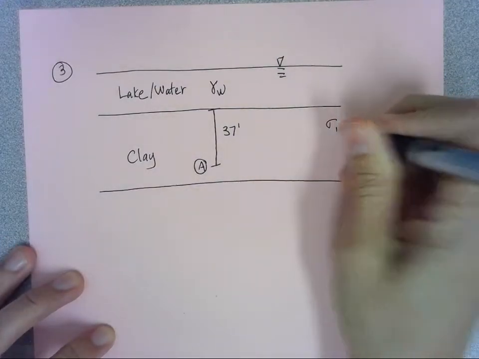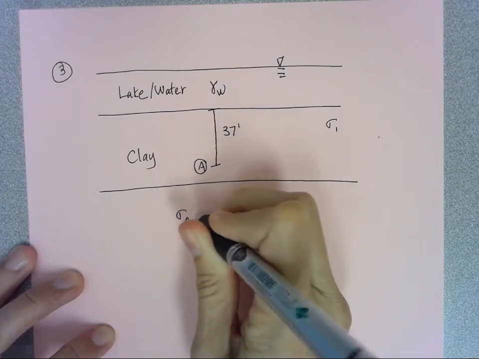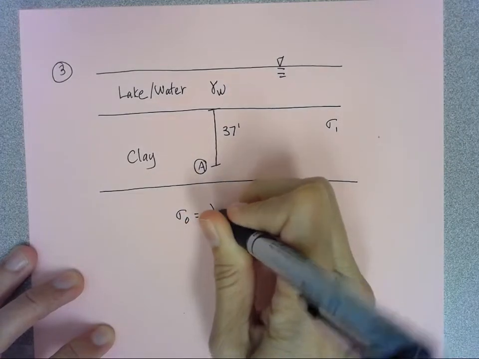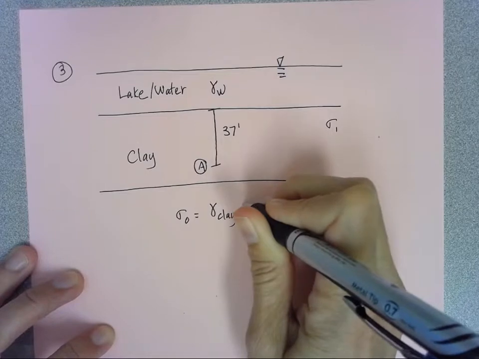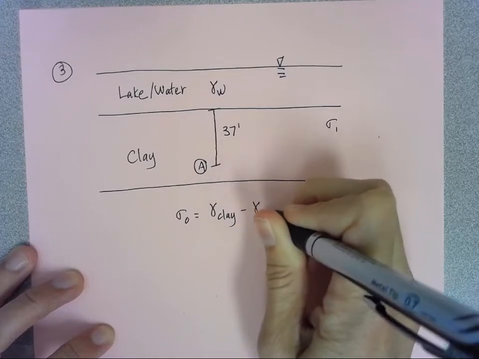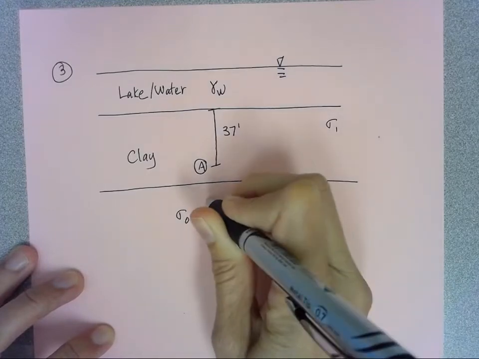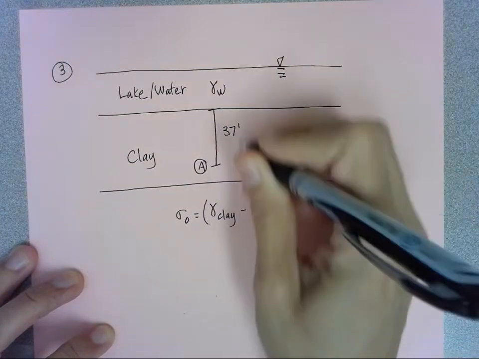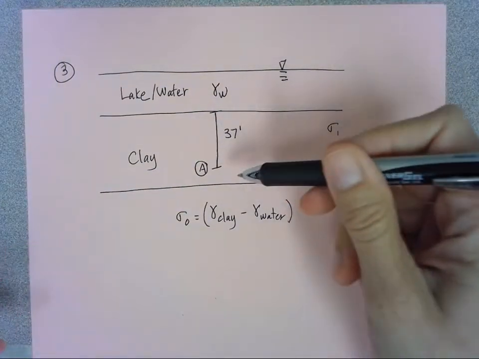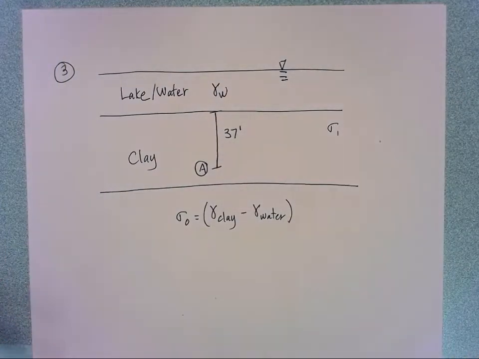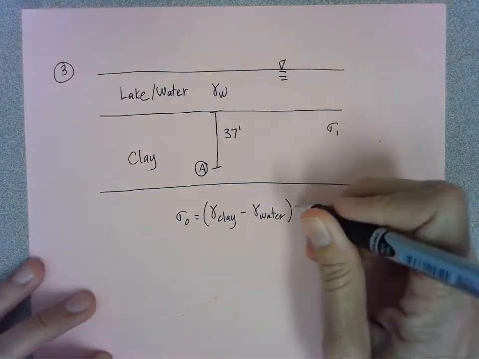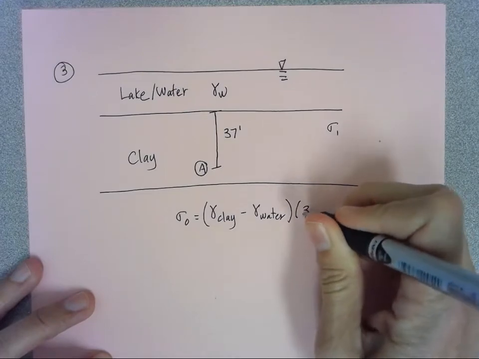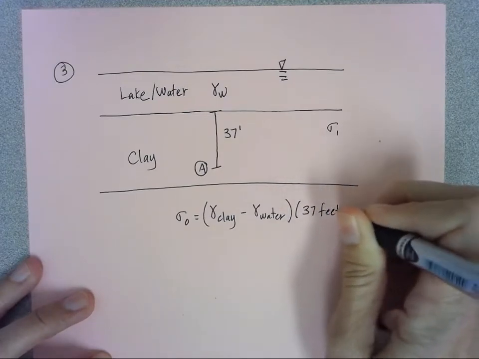It's really just this part here, and I figured out my gamma clay, and I'm going to have to subtract a gamma water from it and then multiply it by the depth that I'm interested in. This tells me it's 37 feet below the top of the layer, and that's the only layer that is really there. That's all I have to multiply it by.